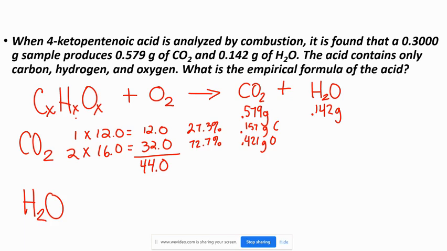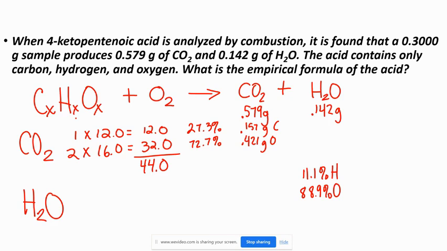You should have figured out in all of that we have 11.1% hydrogen and 88.9% oxygen. Okay. So then, did you figure out the grams of each yet?